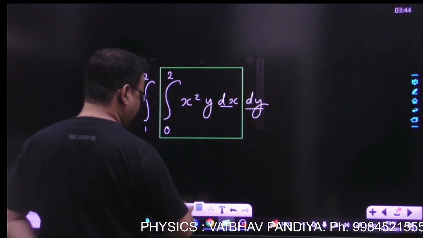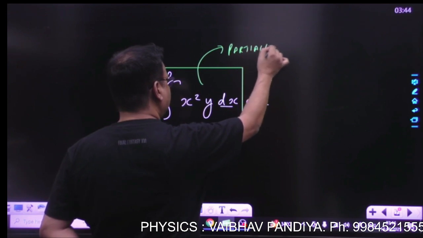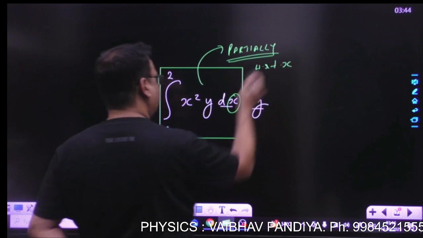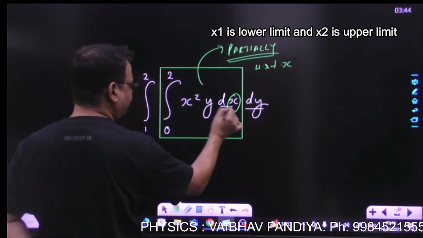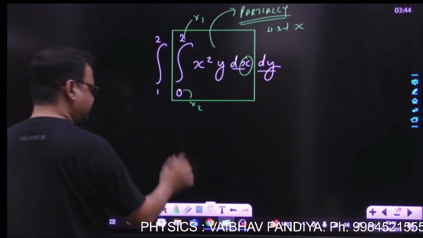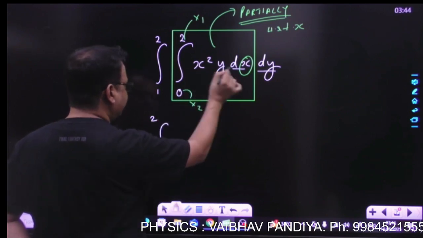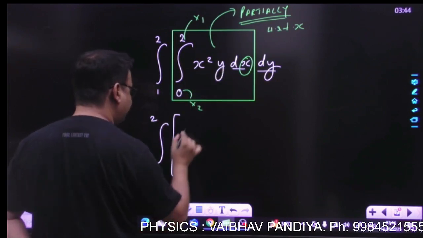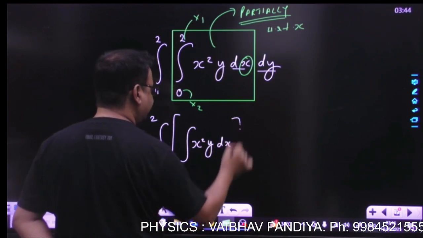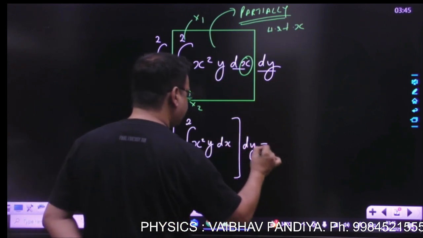You take this and integrate it partially with respect to x, and these are the limits of this variable, x1 and x2. When doing the partial integration, all other variables are treated as constants. I'm putting this bracket just for ease of understanding, focusing on just the inner integral, and then I'm writing dy, correct?